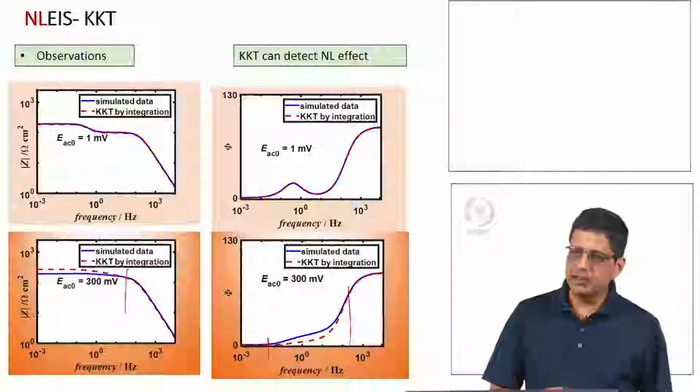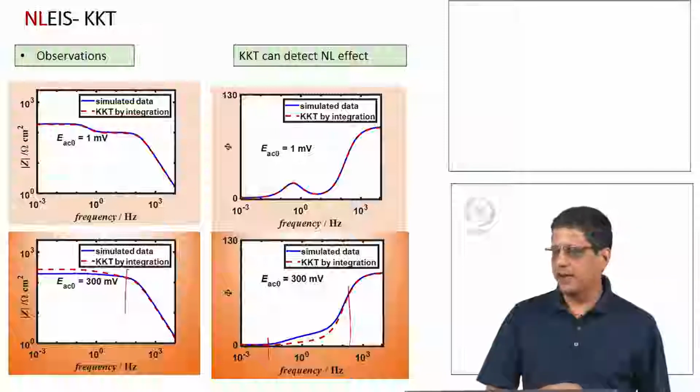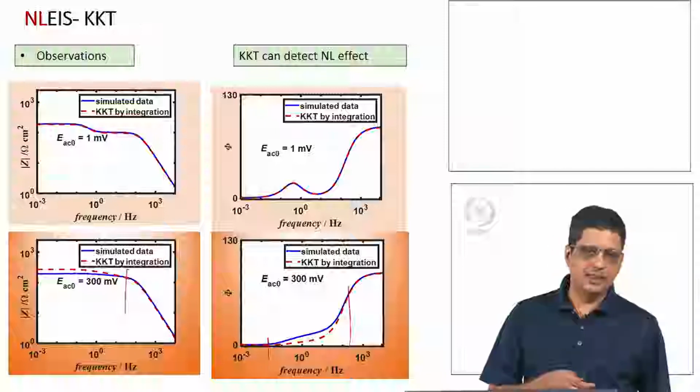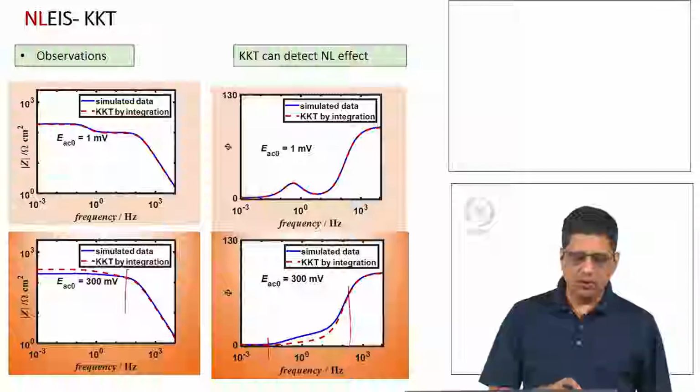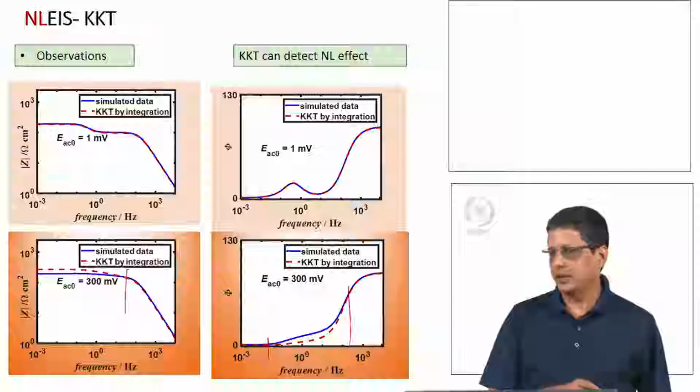Alright. So, we can claim that KKT can detect the nonlinear effect. See, once it is not compliant, KKT does not tell whether the data is different from the original because of nonlinear effect or because of instability, it just says that it is not compliant. Okay. In this case, we know how the data was generated, therefore, we can say that nonlinear effect is detected.